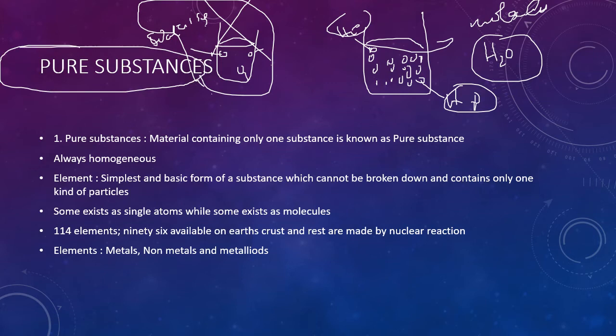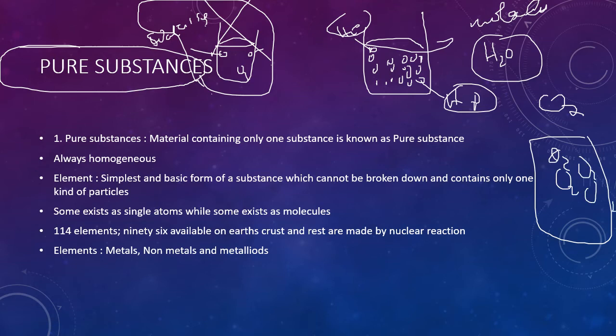No other molecules are attached to it, it has only one component, H2O. Again, an oxygen cylinder contains oxygen gas, which means it has only oxygen. So the gas inside this oxygen cylinder is an example of a pure substance because it contains only oxygen. It doesn't have any other molecules attached to it.